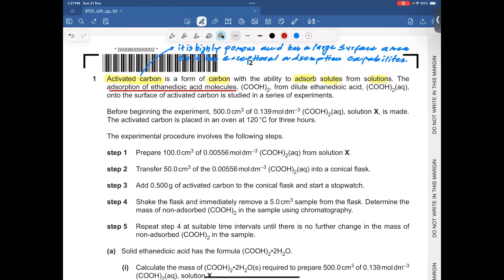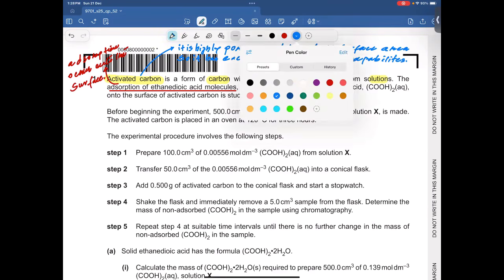Adsorption always takes place onto the surface. Why ethanoic acid molecule?